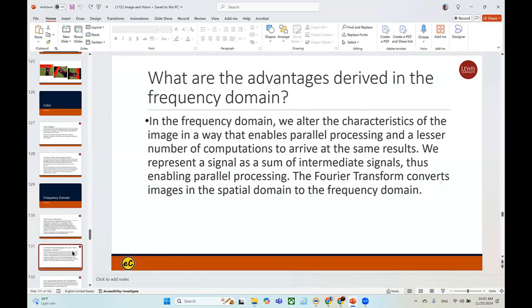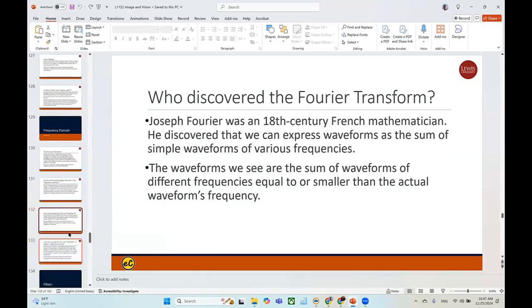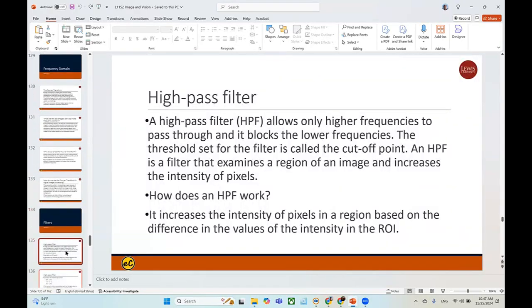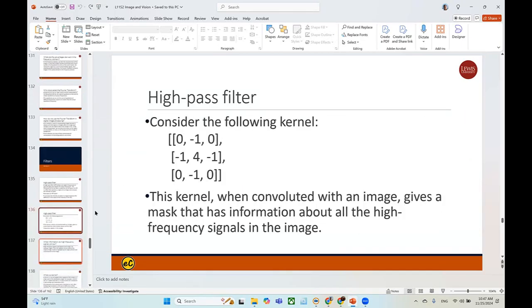And frequency domain. Frequency domain can be used to detect edges and detect objects. Because we need to do frequency domain change, we have the high pass filter and low pass filter. These different filters will have an effect on the image.